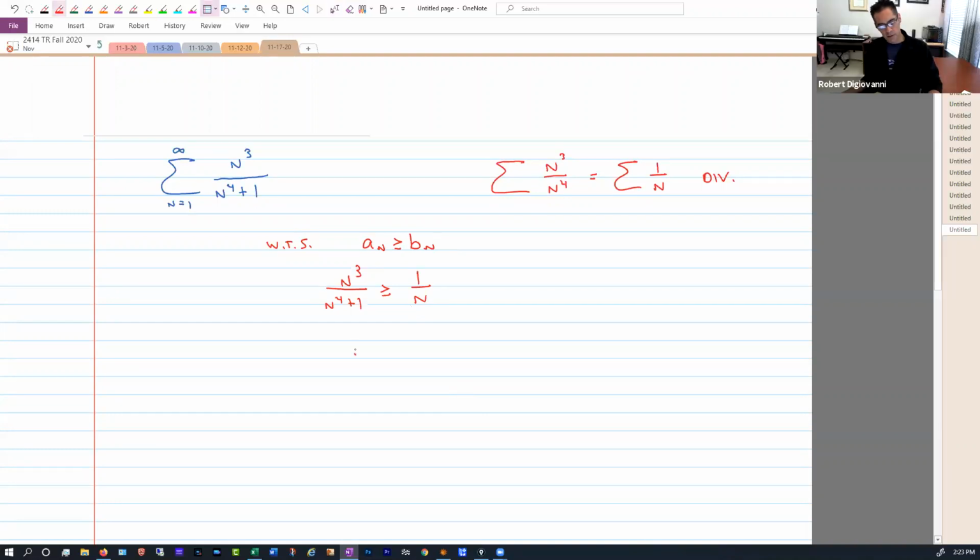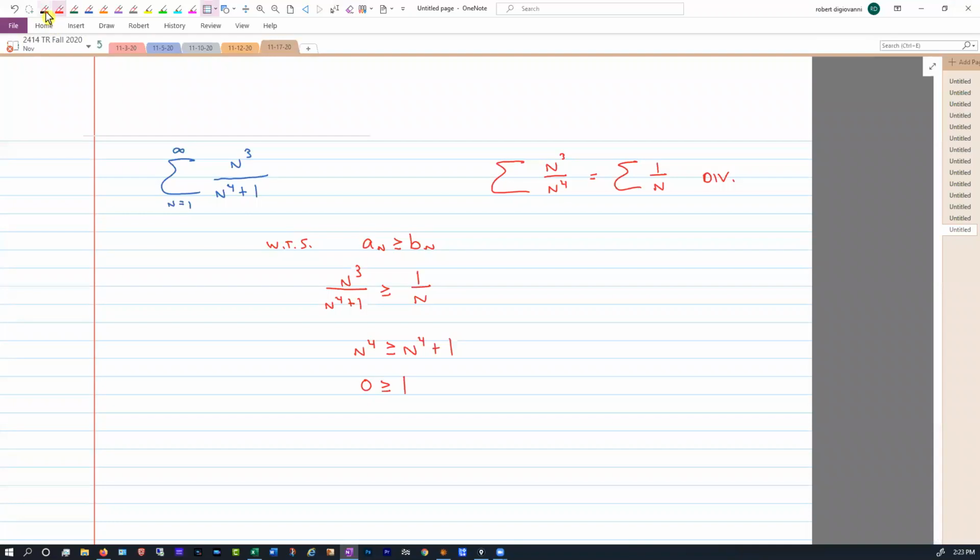Clear things out. n to the fourth, bigger than or equal to n to the fourth plus 1. Subtract n to the fourth. Uh-oh, the test failed. That's not true.